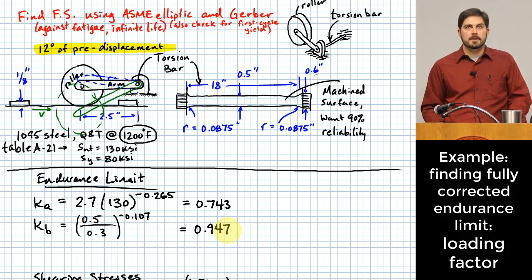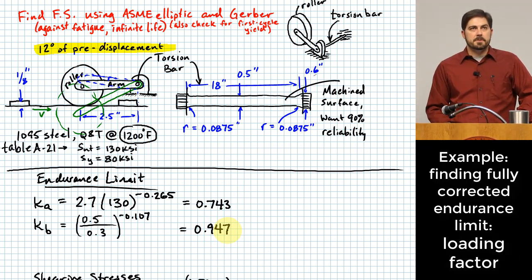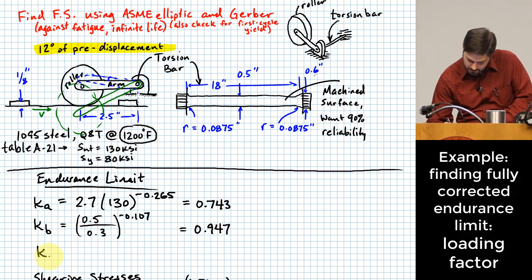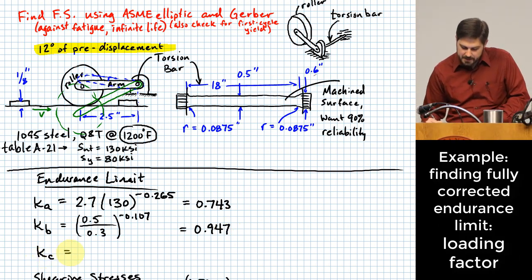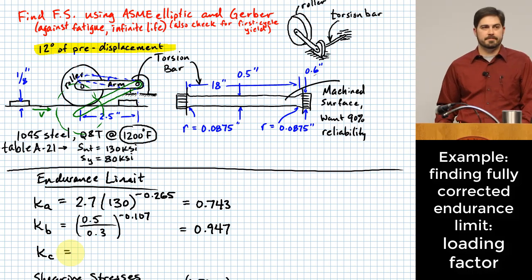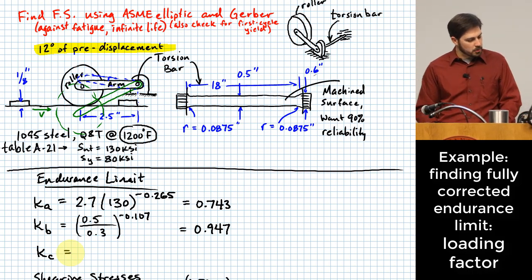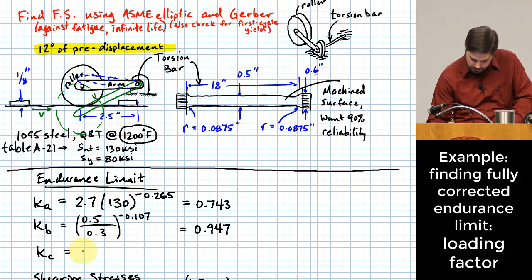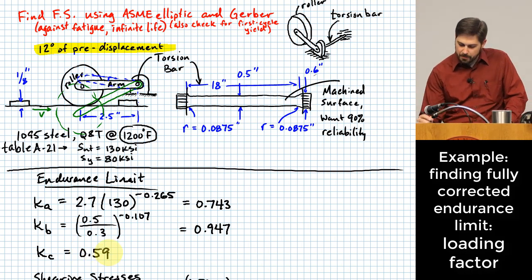Okay. What's next? K sub C, the loading factor. All you have to do on this one is identify what kind of loading it's in. We are in torsion, and it recommends 0.59 for torsion. I want to make a comment here.